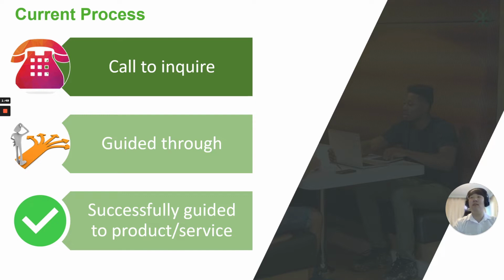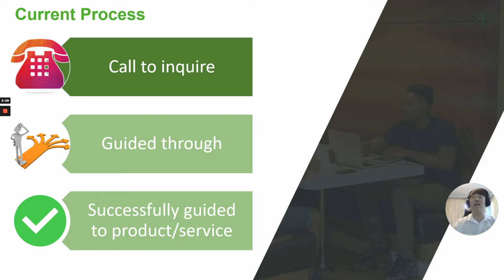And then once a representative is available, they get in the call, gather the details about the client as well as what the inquiry is about. And once that is done, they are guided through to the service or product that matches their needs and wants about the inquiry, such as, say, a broadband connection.